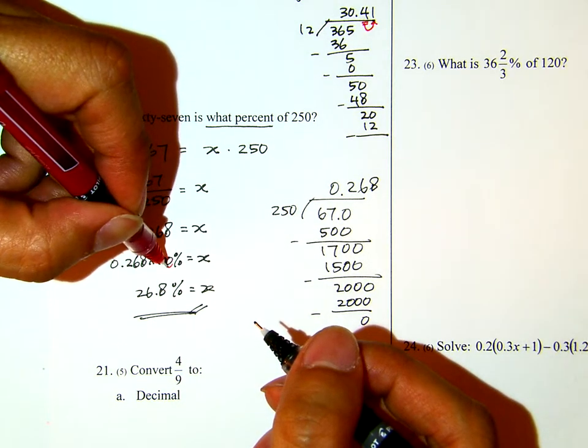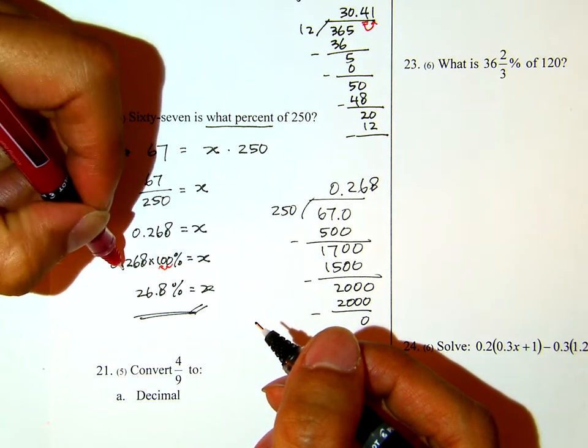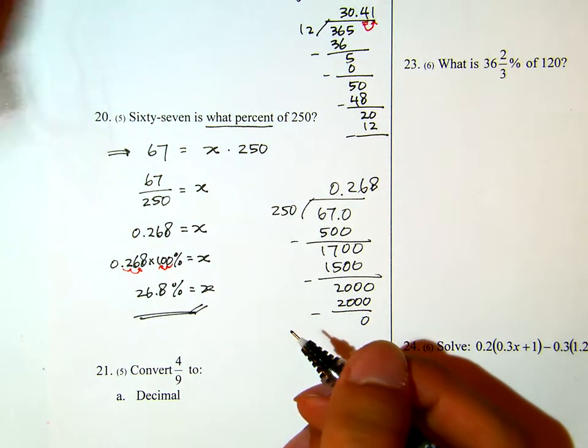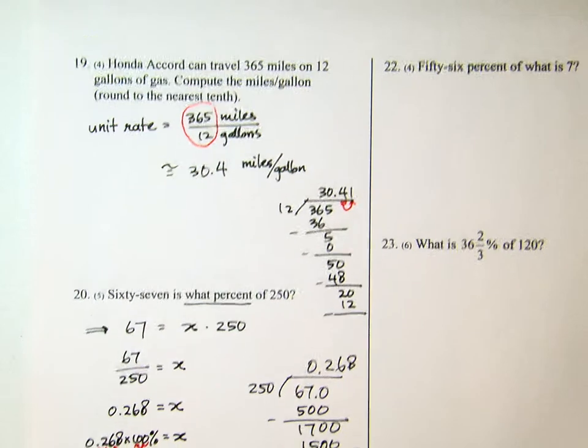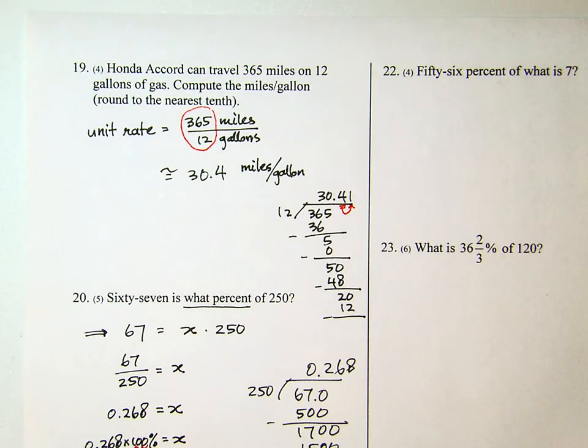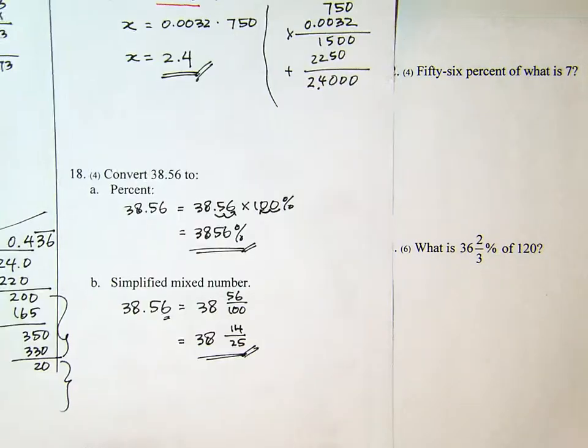We move the decimal point twice to the left here, therefore I move it twice to the right here. Okay, that's how you multiply by base 10. Now this is from Fall 2011, Math 112, Test 3, number 18, 19, and 20. Let's put number 20, 19 here, 18 here.